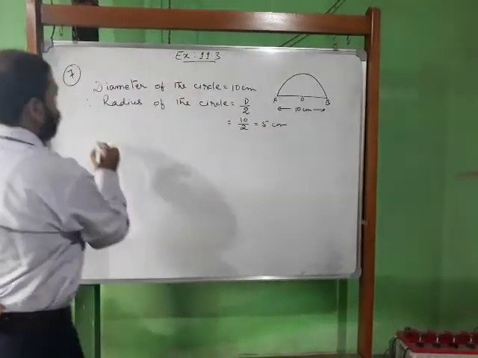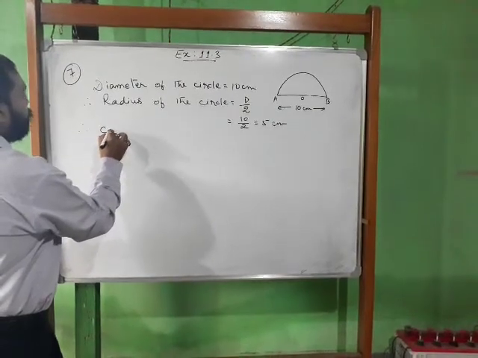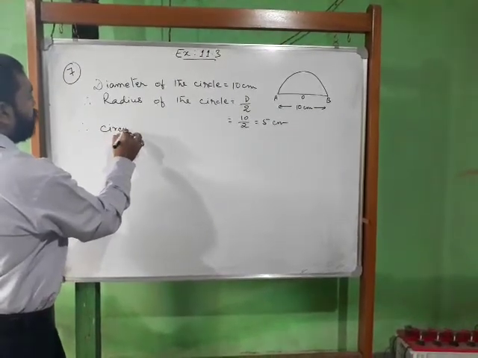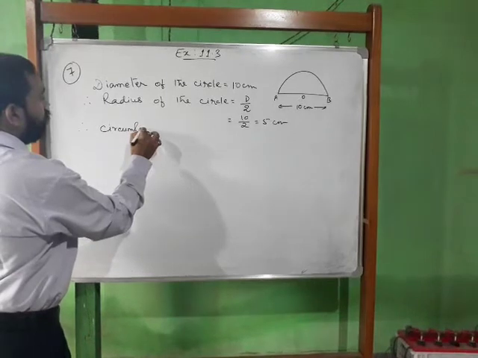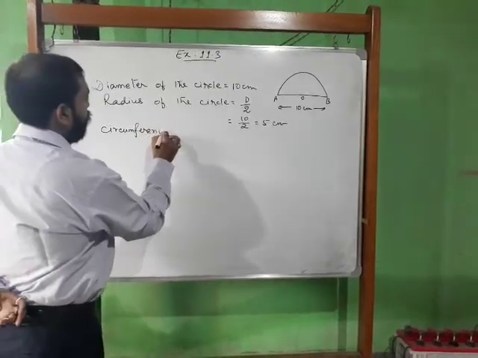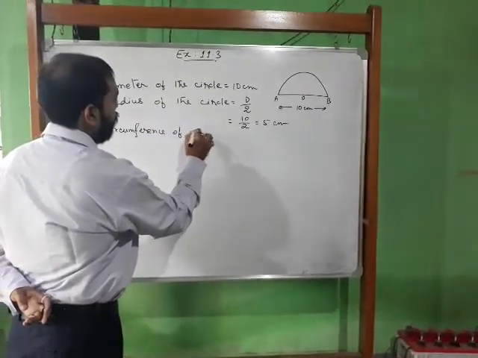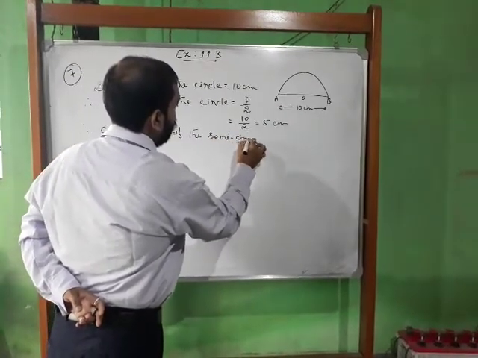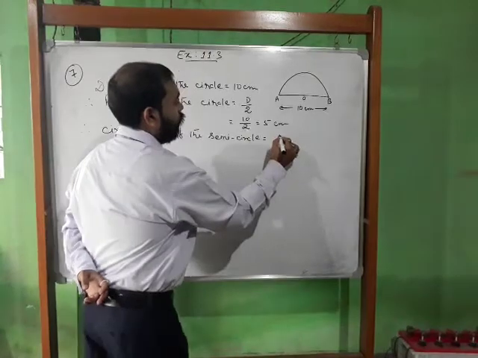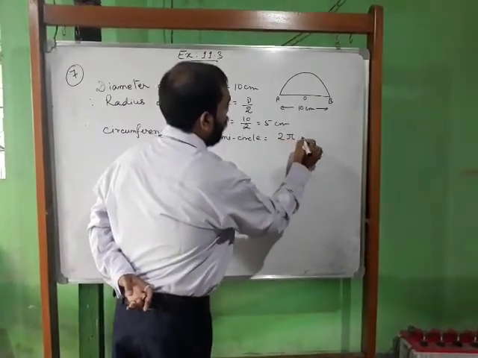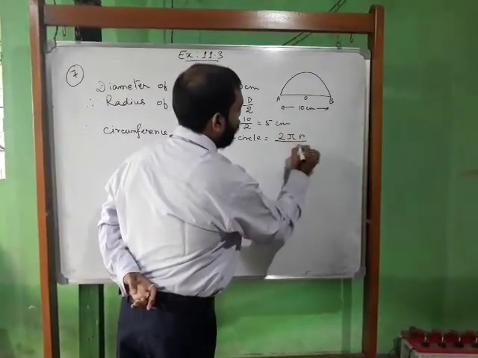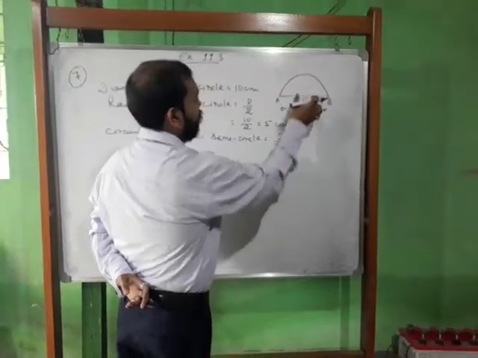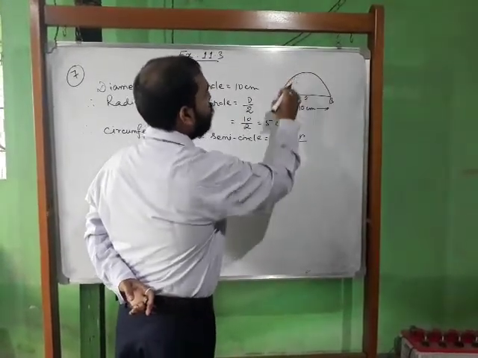So therefore the circumference of the semicircle is equal to 2 pi r divided by 2. Why? Because semicircle means half of the circle.